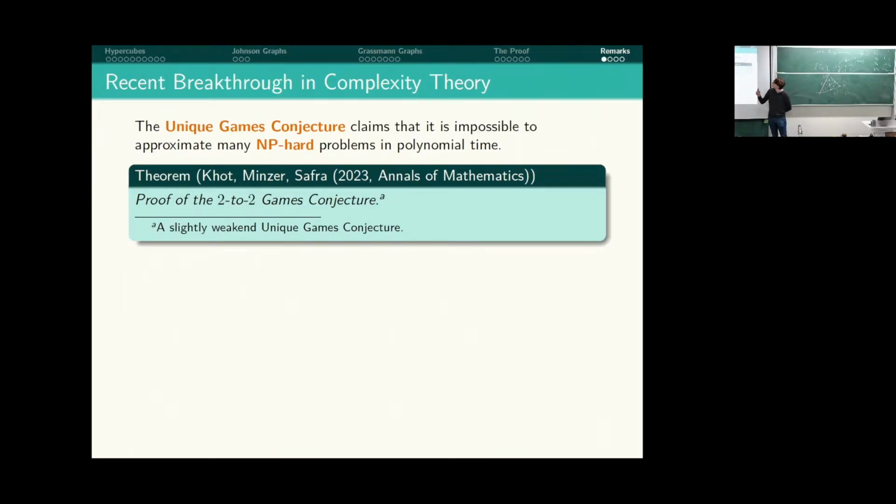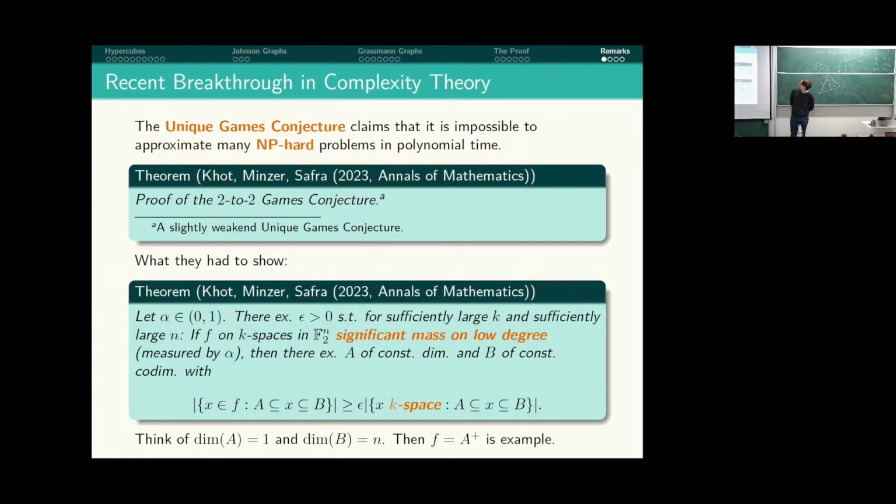And there has been a breakthrough result on that some time ago. And actually what they did is they investigated functions on the Grassmann graph over the field with 2 elements, where you are not degree 1, you're also not close to degree D, but where you have a significant mass on low degree. So your low degree coefficients are somehow large.